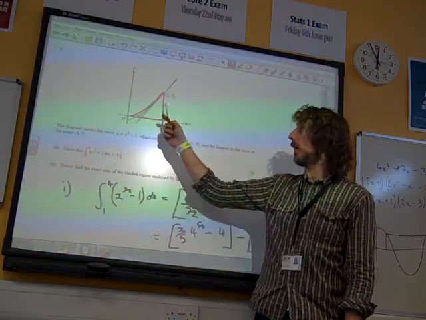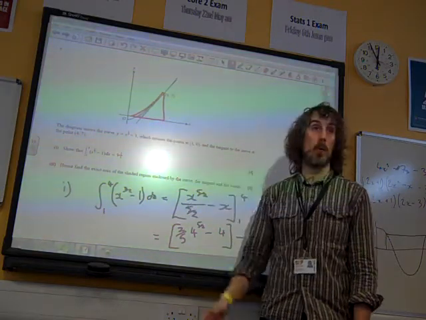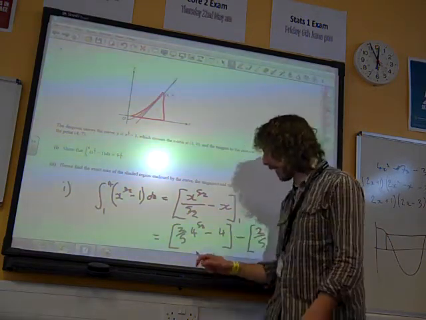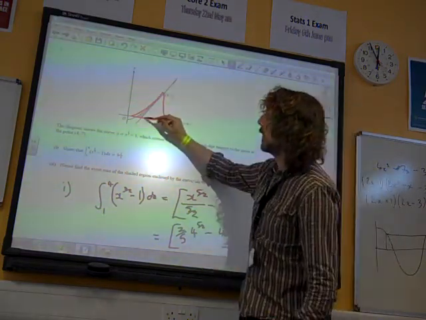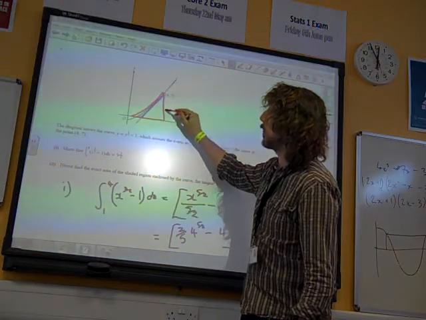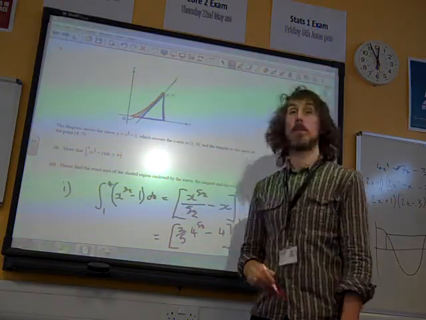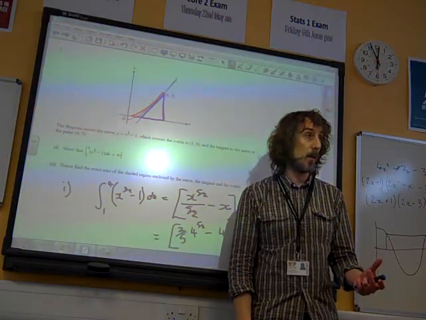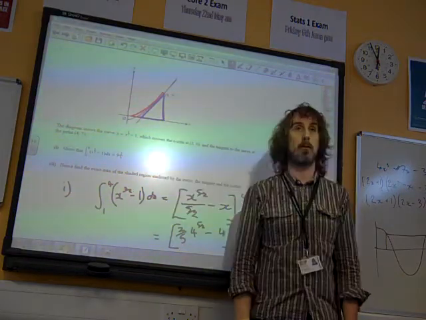The area between the curve and the x-axis from 1 up to 4. In order to get the shaded area, we need to take away from that area this triangle here. That seems sensible, doesn't it? So from our answer to part A, we need to subtract that triangle area.